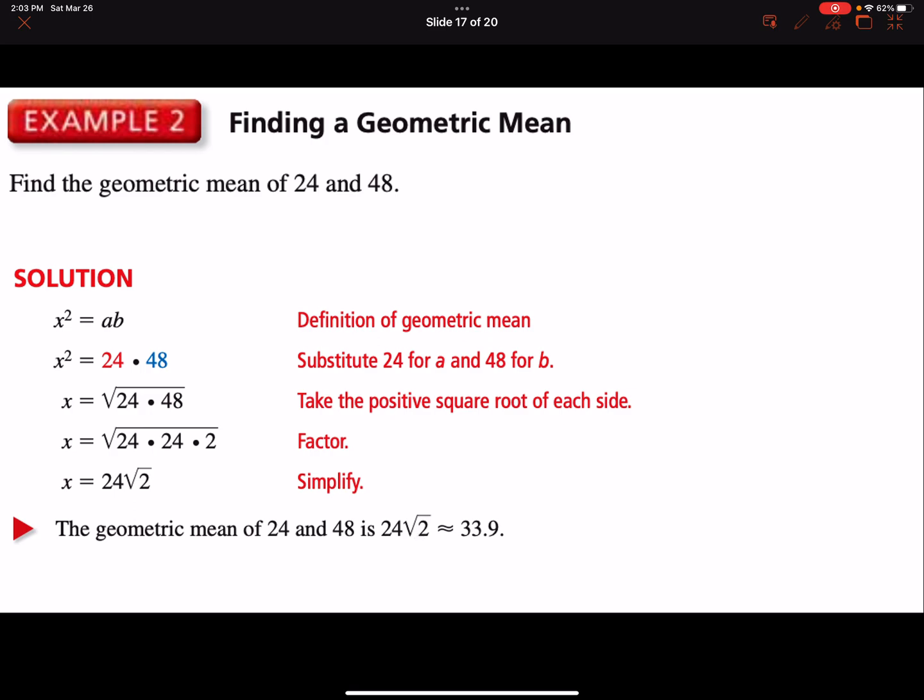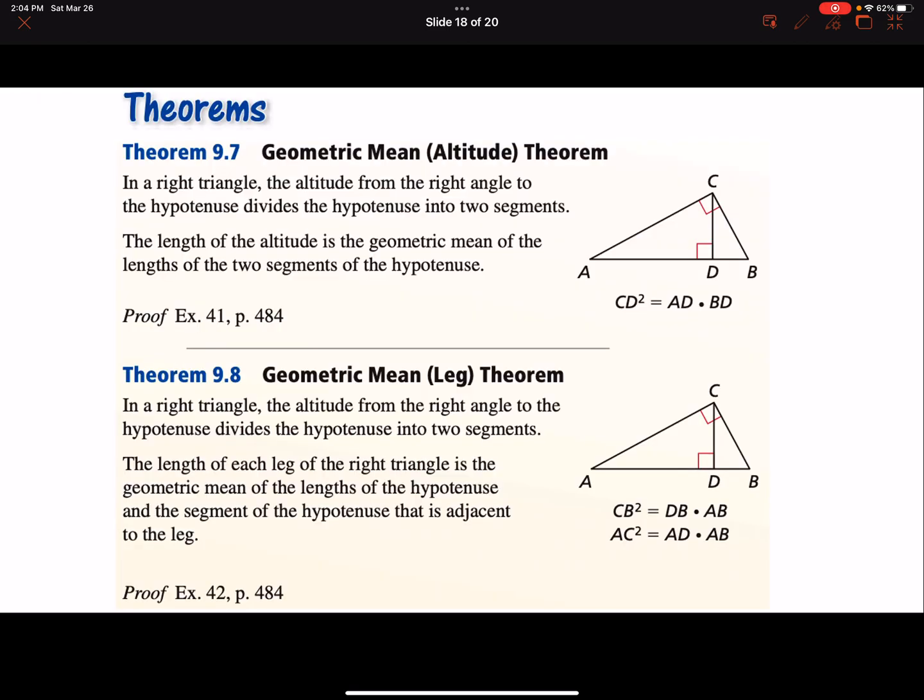Now, why in the world did we learn the geometric mean? Well, we found the geometric mean because when we have three similar triangles, we actually have a way of finding different parts of it by using geometric mean theorems. The first one being the geometric mean altitude theorem.